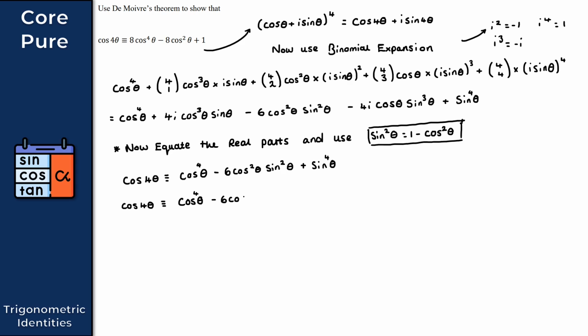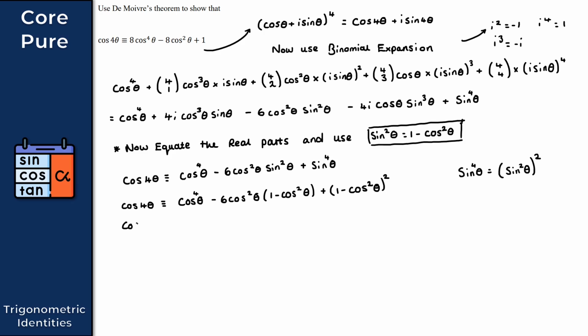So -6 cos squared theta times 1 minus cos squared theta. Like so. And now for the sine theta to the 4, just be careful with this. Sine theta to the 4 is just the same as sine squared theta all squared. So in that case, what we get is 1 minus cos squared theta all squared. So let's just expand and simplify.